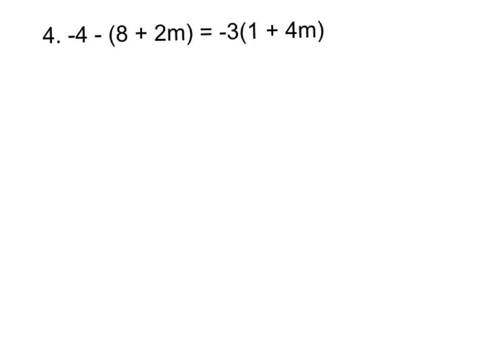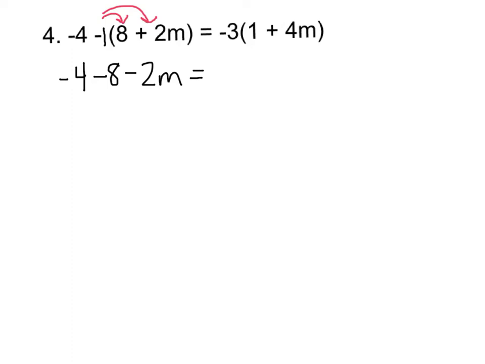You're not going to distribute a negative 4 because there's a minus here. Remember, this is a minus 1. So we're distributing a negative 1. So negative 1 times 8 is negative 8. Negative 1 times 2m is negative 2m. All it does is change the signs.